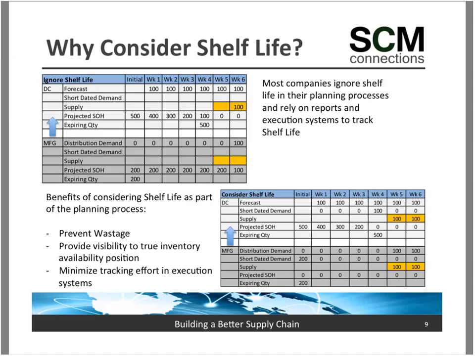And this was a big benefit for the first case study where we implemented. Even though there's a tracking mechanism happening at the back end at an execution level where we are preventing product from getting shipped out, what we were doing was managing it at the planning level.